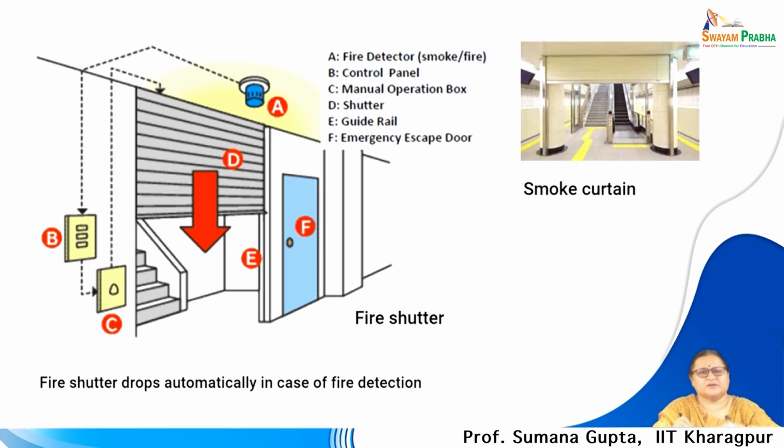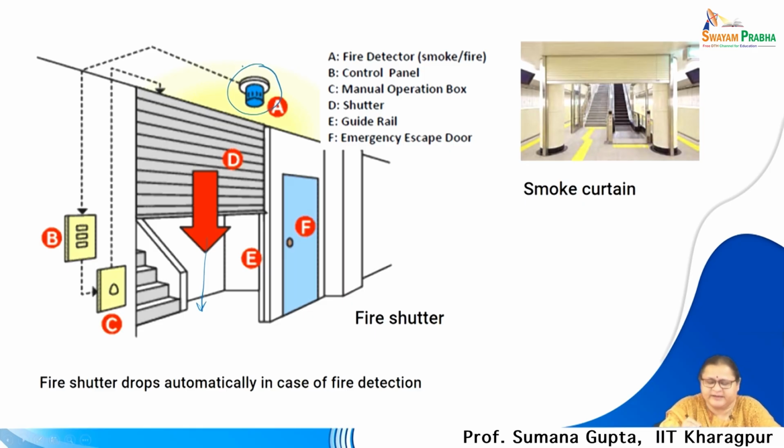Now, if there is a fire, then from the entry itself the fire door or the fire shutter should come down automatically. The fire shutter drops automatically in case fire is detected by the fire detection or the smoke detection system.